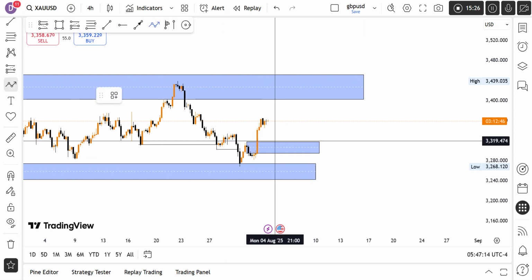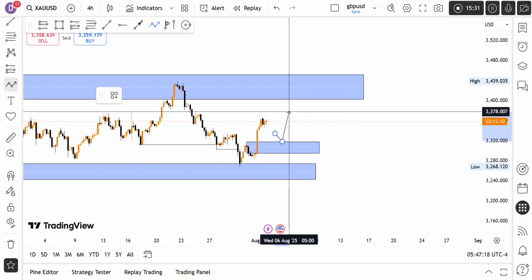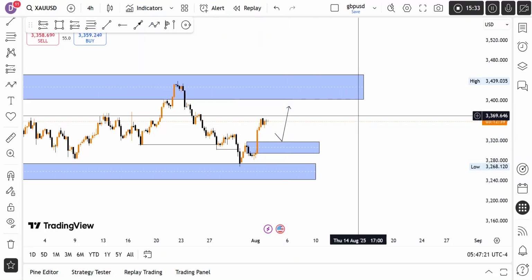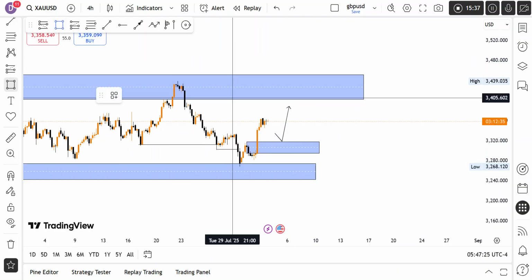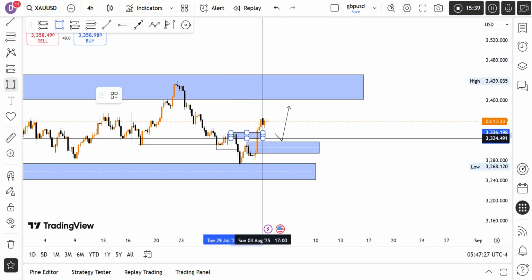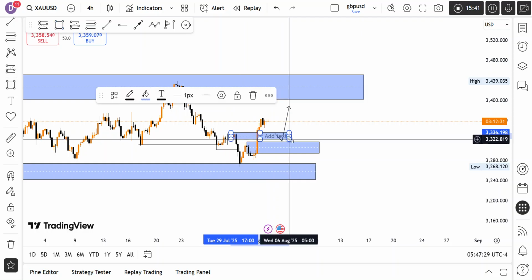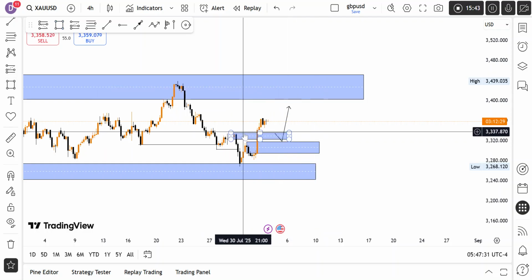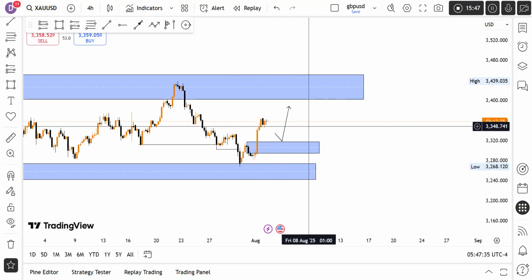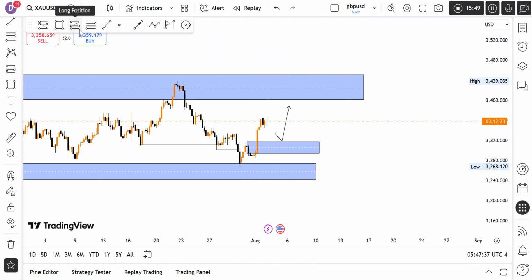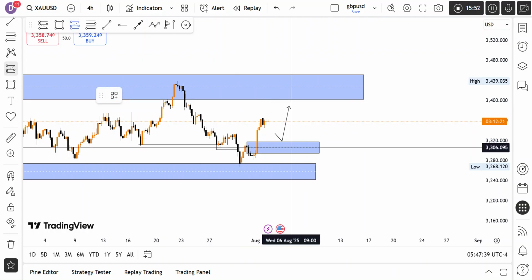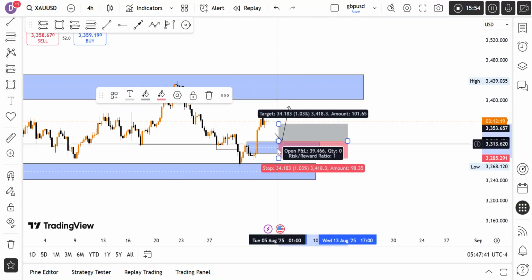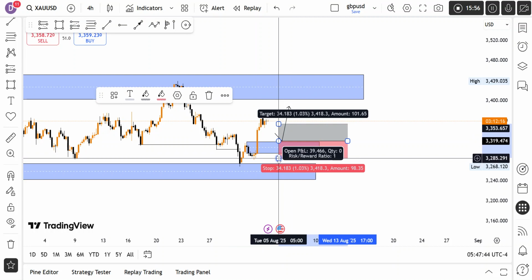What I'm waiting for the market to do is this one, and then we're going for the new high. But I was expecting this one to be something, but it did not happen yet. Waiting for this one to happen. Now the current trend is in the market to happen.